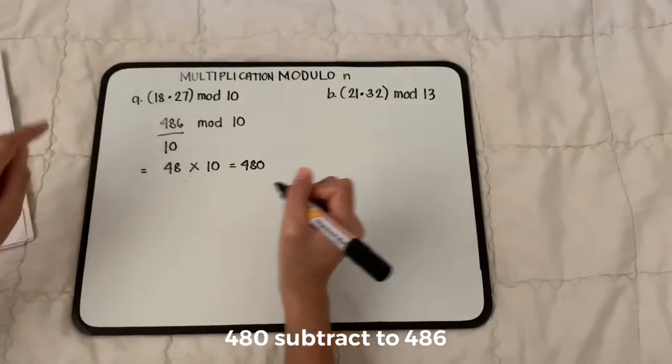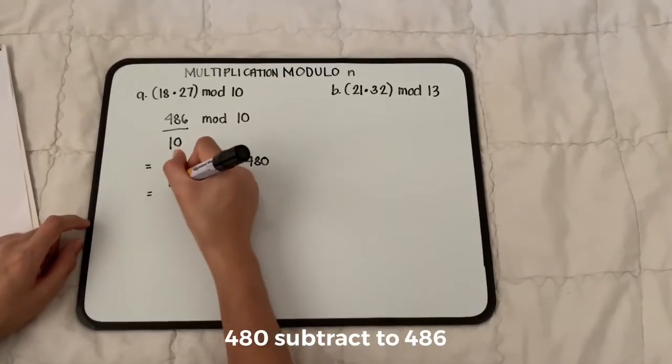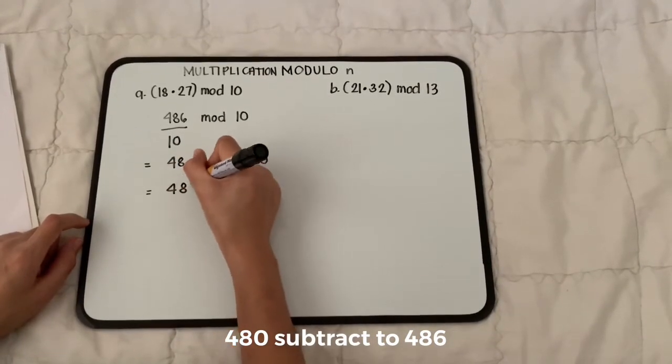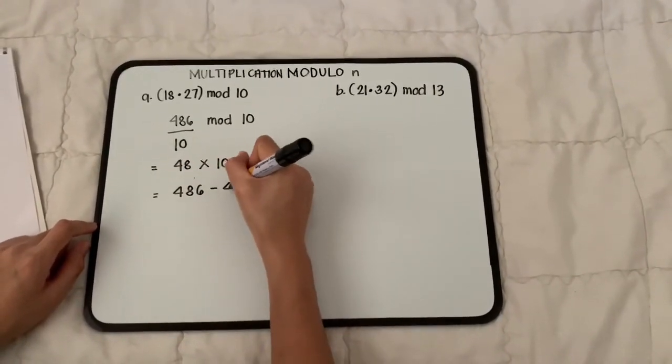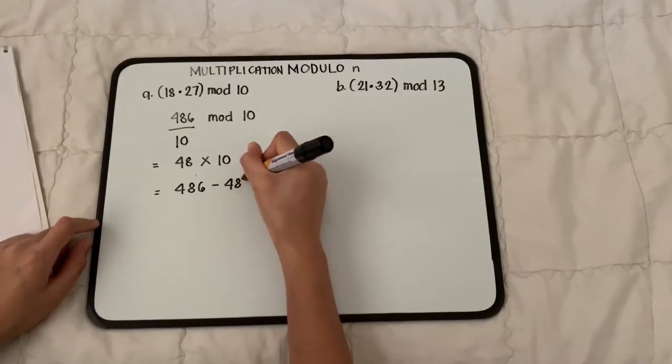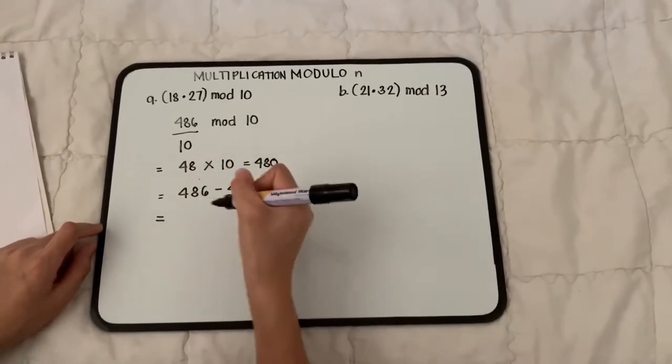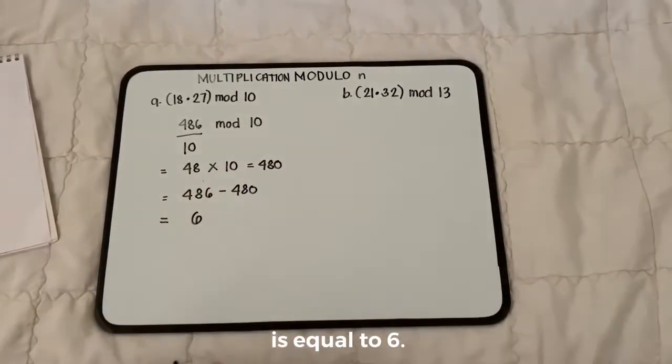So 480 subtract from 486. 486 minus 480 is equal to 6.